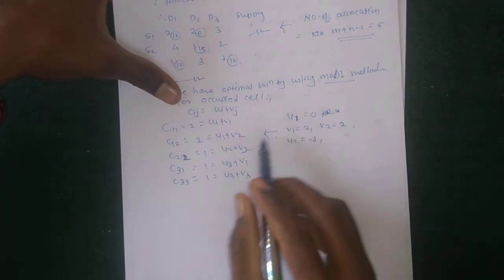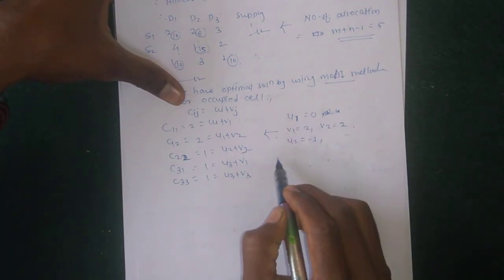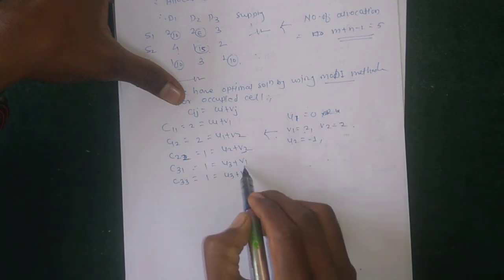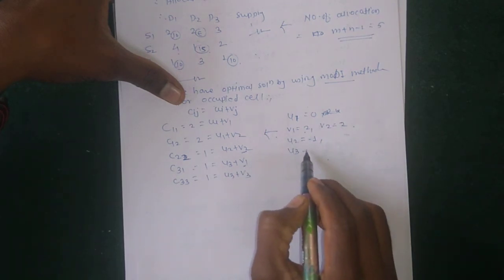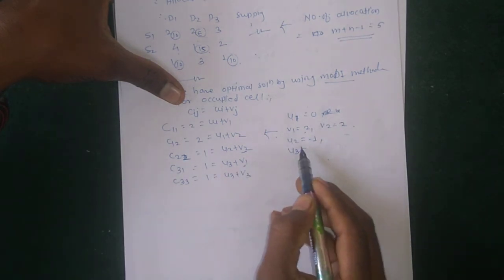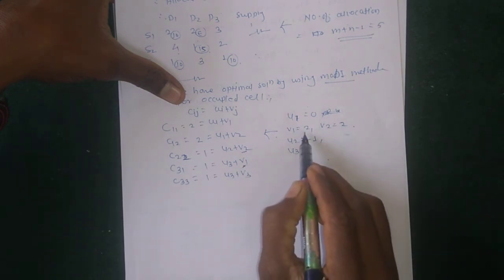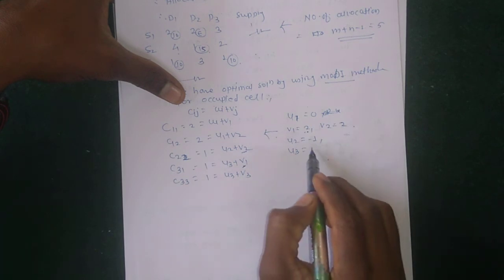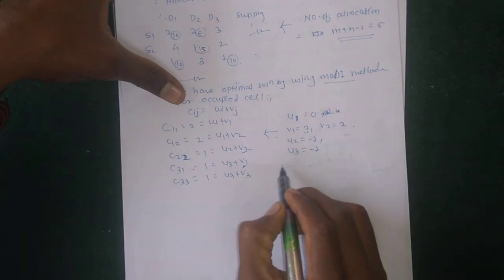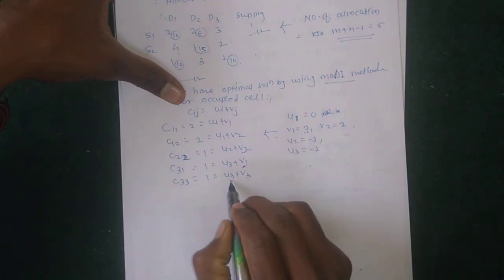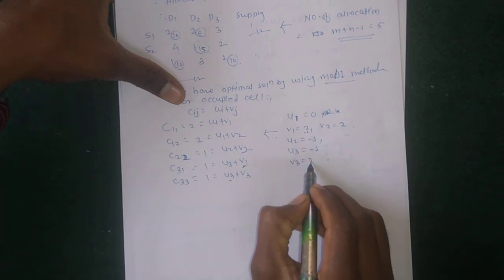Okay, u2 is equal to minus 1. And then v1 is equal to 2, then u3 is equal to minus 1 again. Then v3 is equal to 2.